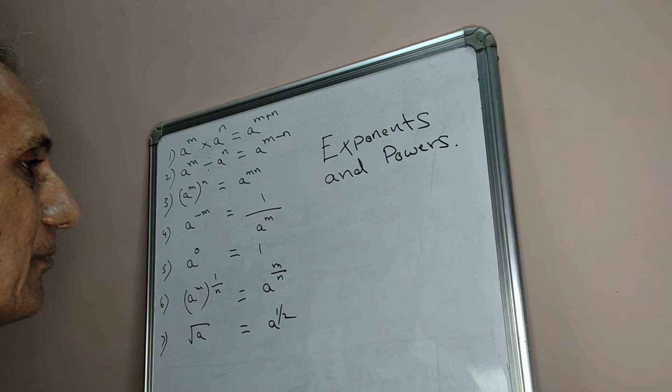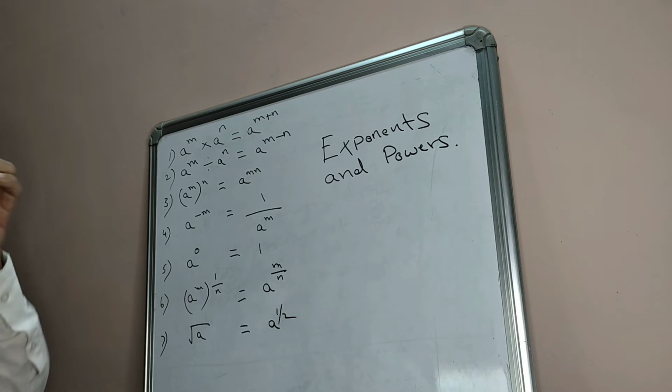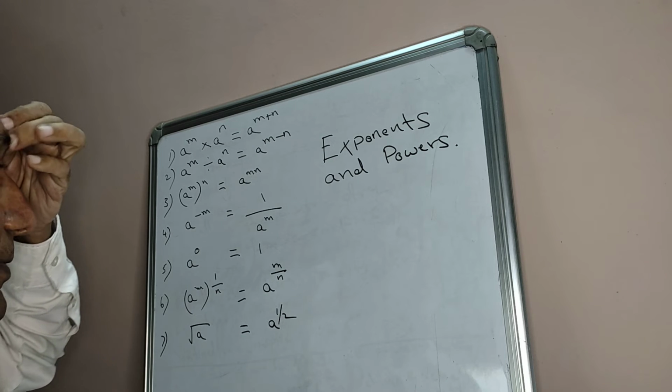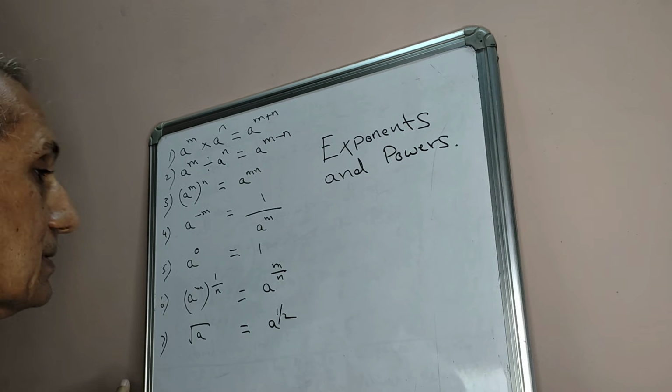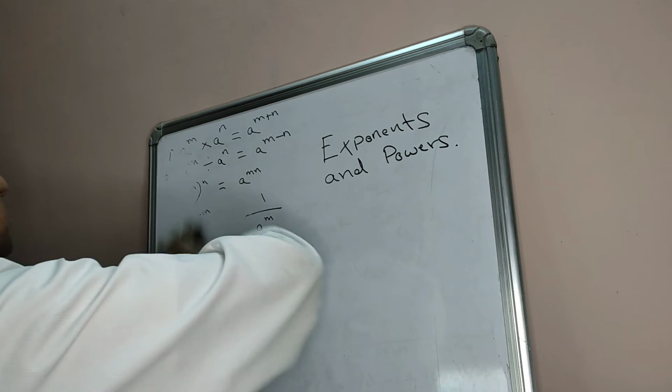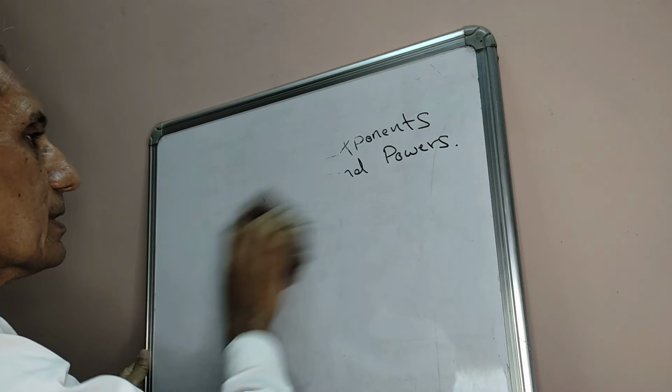We'll go to the problems and try to do some. That will help you remember these 7 laws and make it easier for you to move forward. I hope it's clear so far.